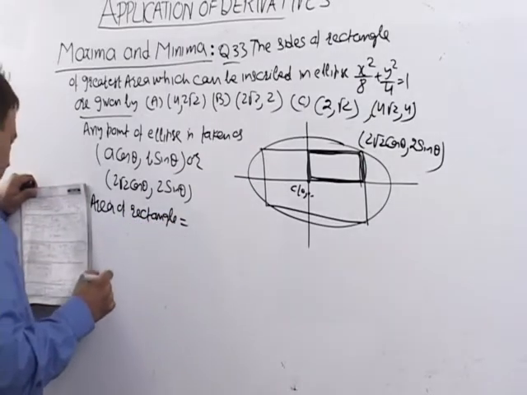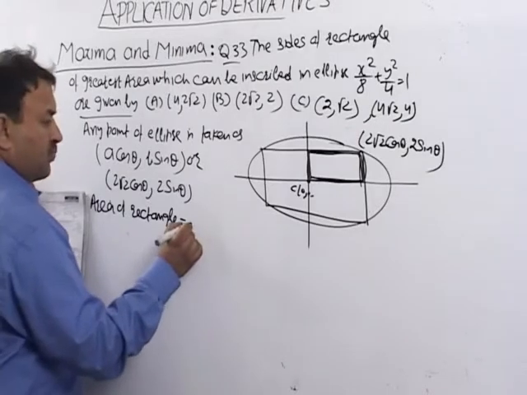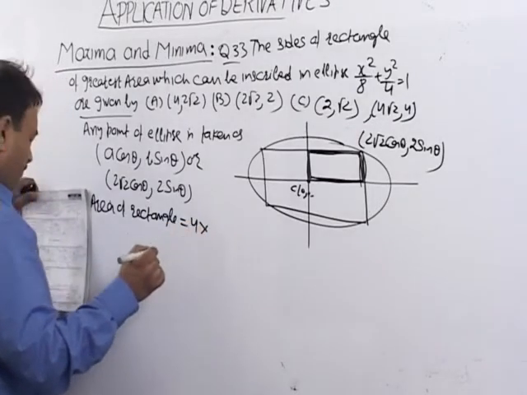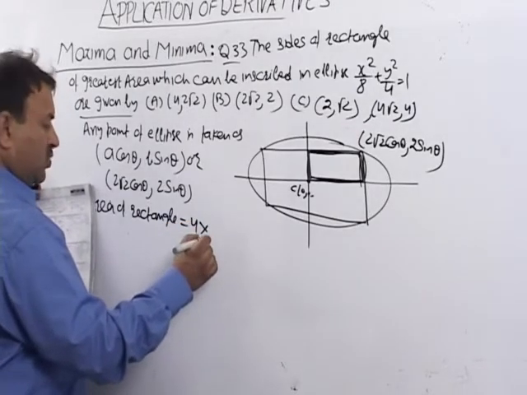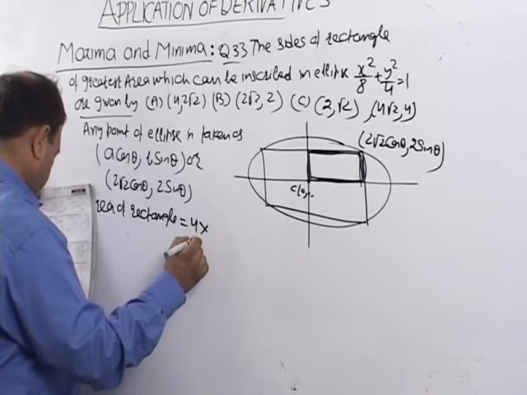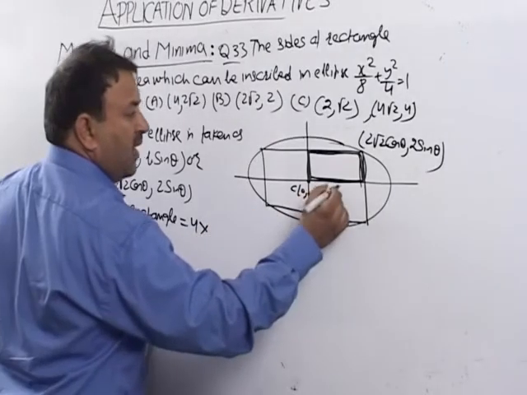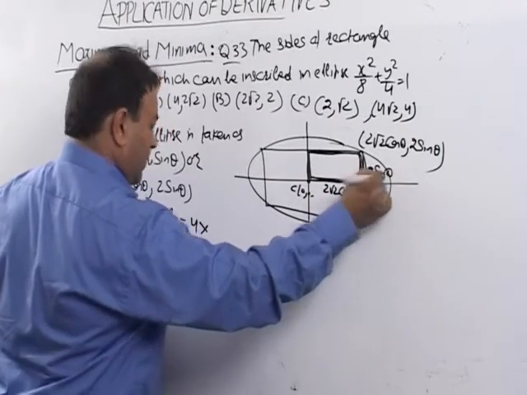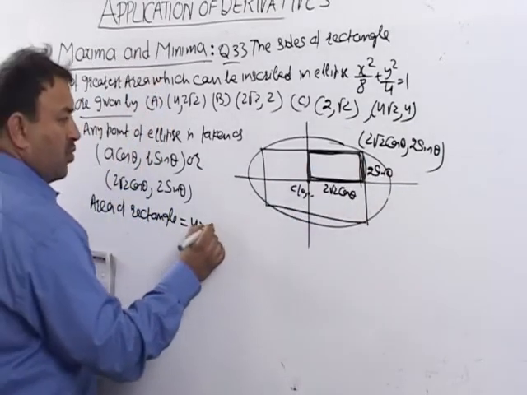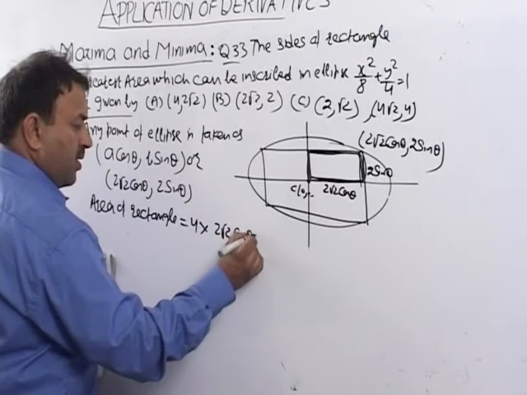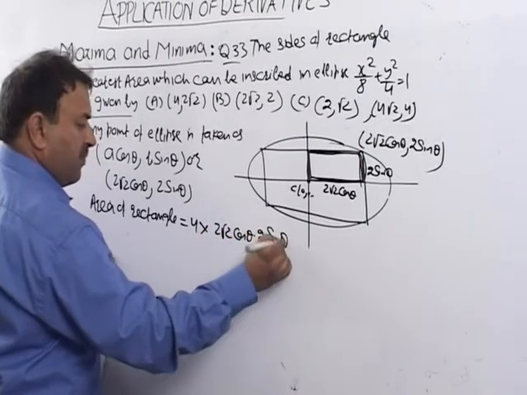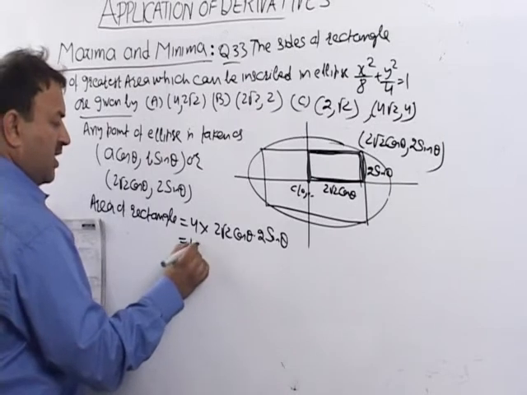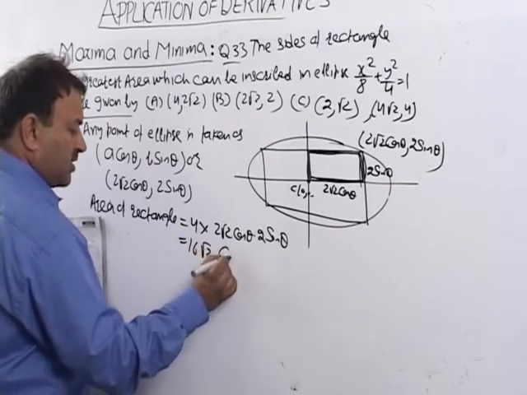Area of rectangle is equal to 4 into, this side from here to here is 2 root 2 cos theta, and here to here is 2 sin theta. So 4 into 2 root 2 cos theta into sin theta, which is 16 root 2 into cos theta sin theta.